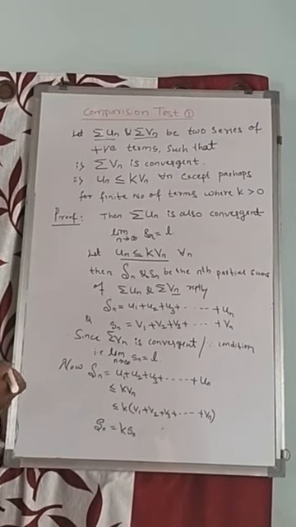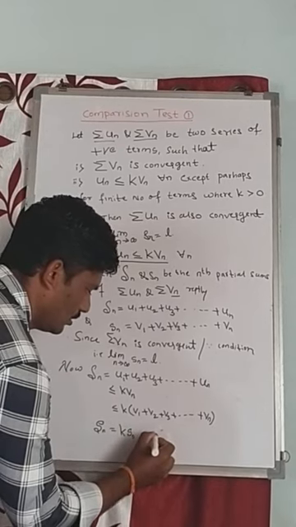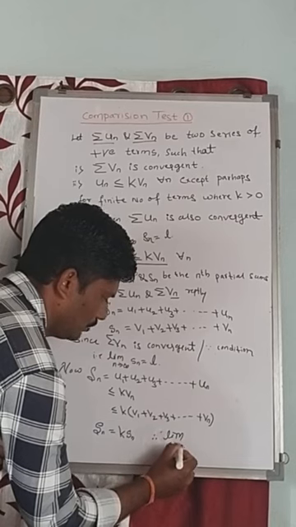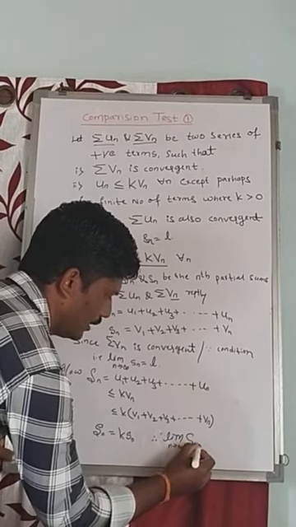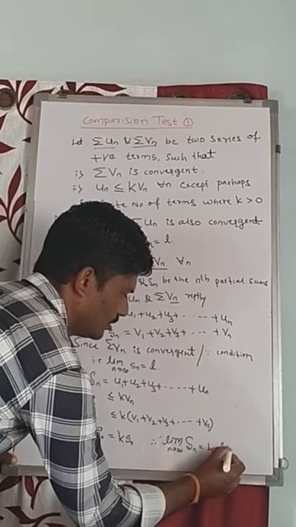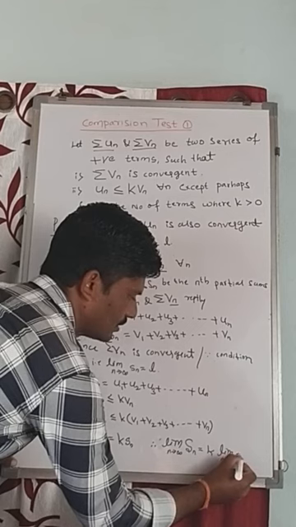Now applying the limit, limit n tends to infinity capital Sn is less than or equal to k, where k is a constant, into limit n tends to infinity small sn.